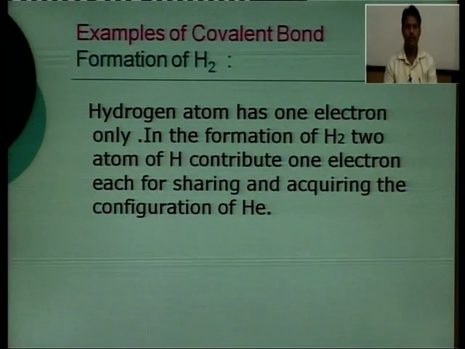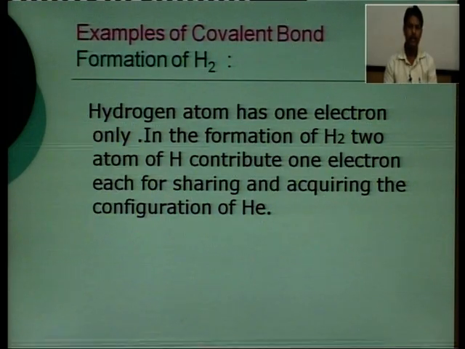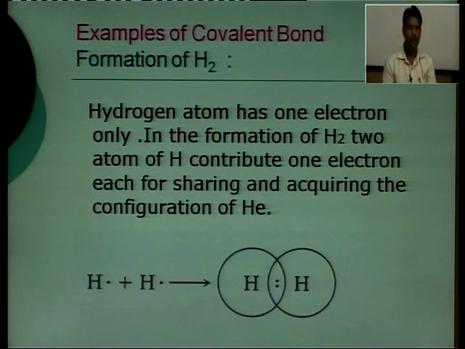The two electrons from hydrogen are shared between them and there is a formation of a covalent bond. In the picture shown, one electron from one hydrogen and another electron from the second hydrogen are shared between them, forming a covalent bond.